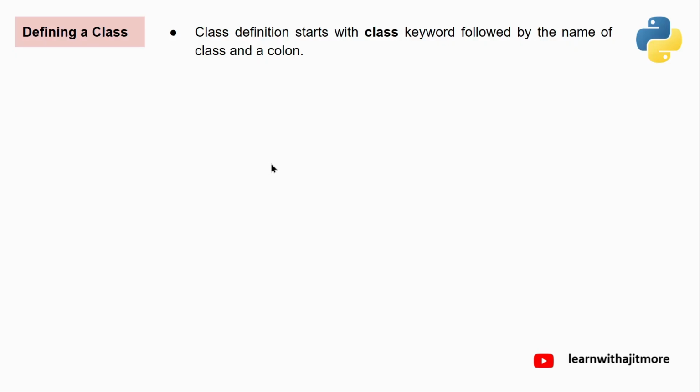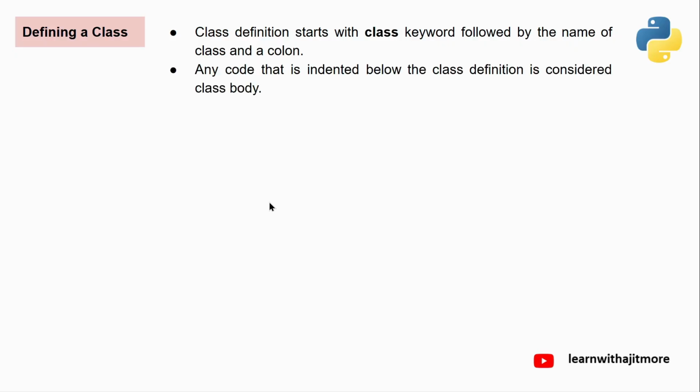Indentation means you'll press tab and then give the body of the class. So any code that is indented below the class definition is considered the class body. Okay, syntax I'll show you. See, keyword class, then the name of the class, colon, and then the indented class body.